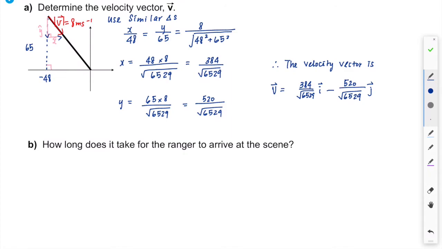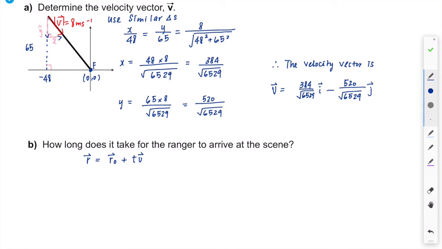at the scene? So at the scene, we're talking about where the fire is at (0, 0). And the general equation for these kinematics problems is that any position is equal to the initial position plus time times the velocity vector.